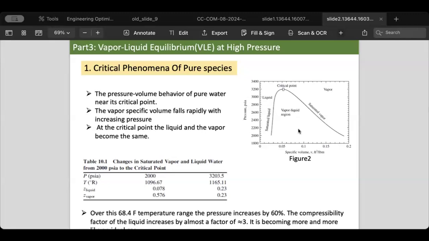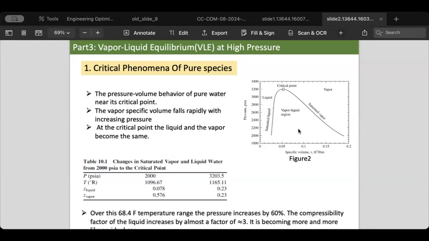On the right hand side we have saturated vapor and superheated vapor. There's a critical point that connects saturated liquid and saturated vapor, which we call the critical point.